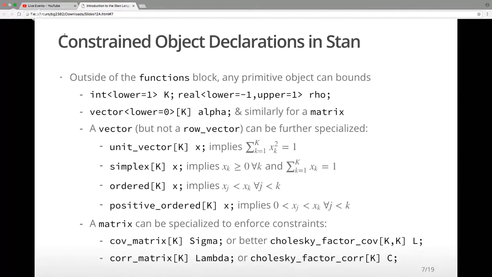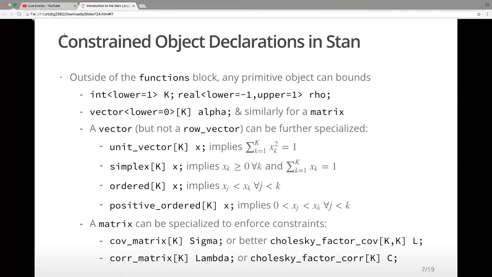Similarly, you can declare a simplex vector of size k. This implies the inequality constraint that all the elements of x are non-negative, and the exact equality restriction that they sum up to 1. So a simplex vector is basically a representation of a PMF.